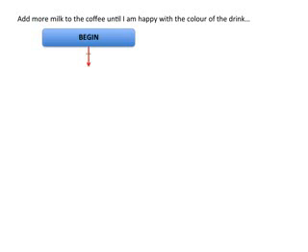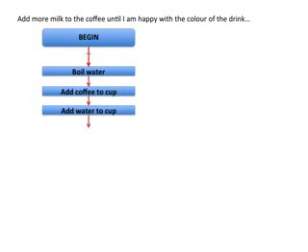Our next step is to boil the water. Since this is not a question, we add it to a process rectangle. Next, we add coffee to the cup and water to the cup. Notice once again that we have used process rectangles for these steps. Now it's time to add milk.